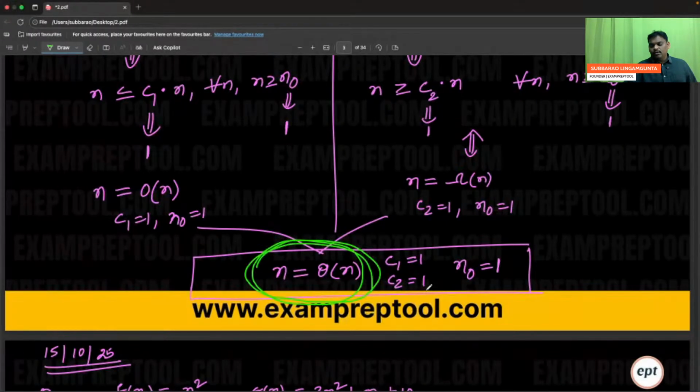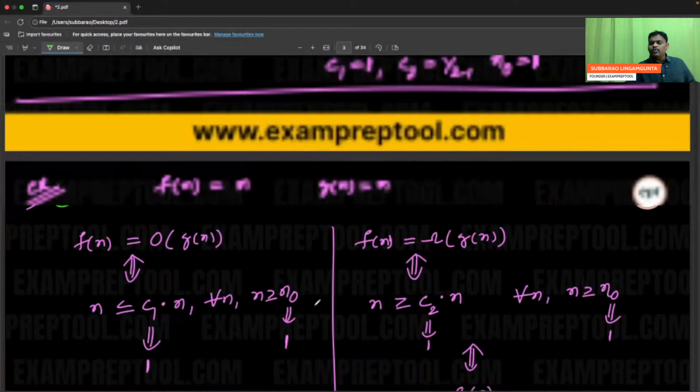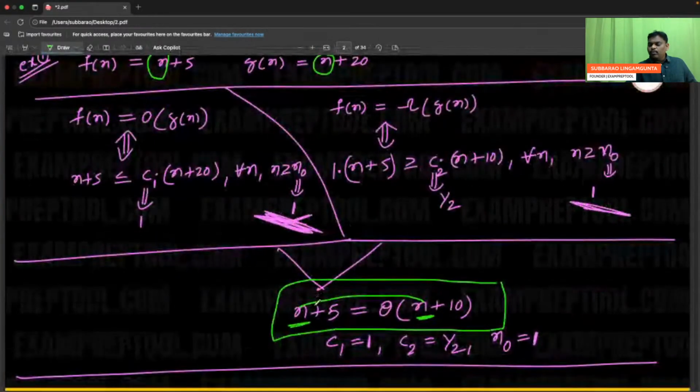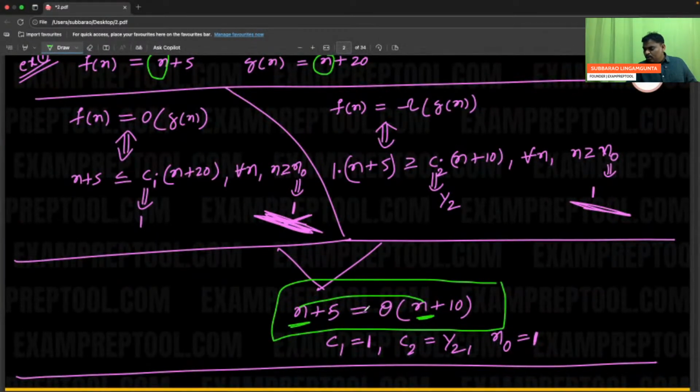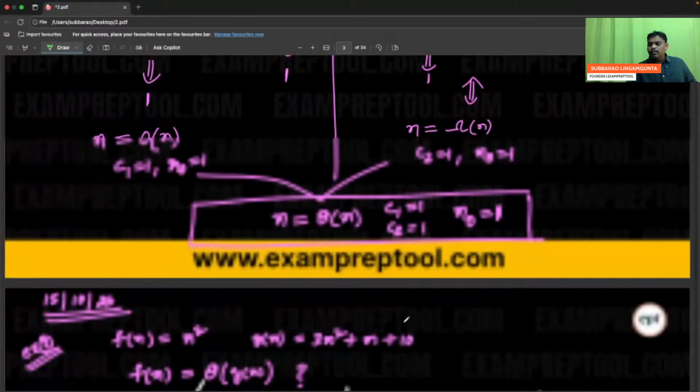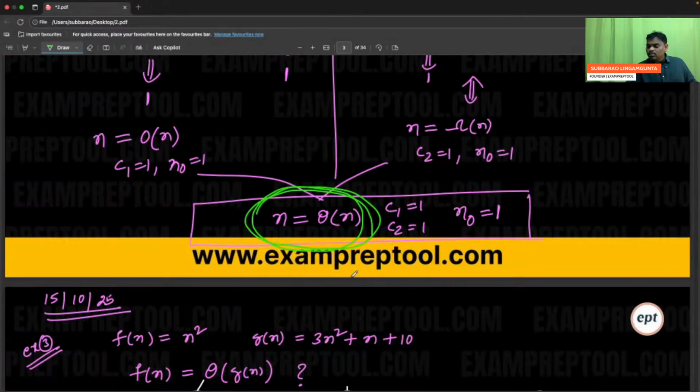They are already equal, so no need to force anything. But asymptotically equal doesn't mean mathematically equal. In the earlier problem it was asymptotically equal but not mathematically, whereas here mathematical equality implies asymptotic equality.